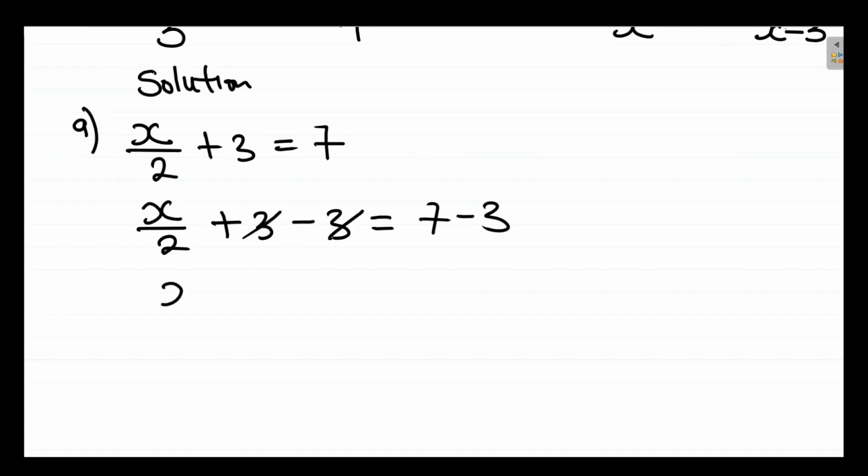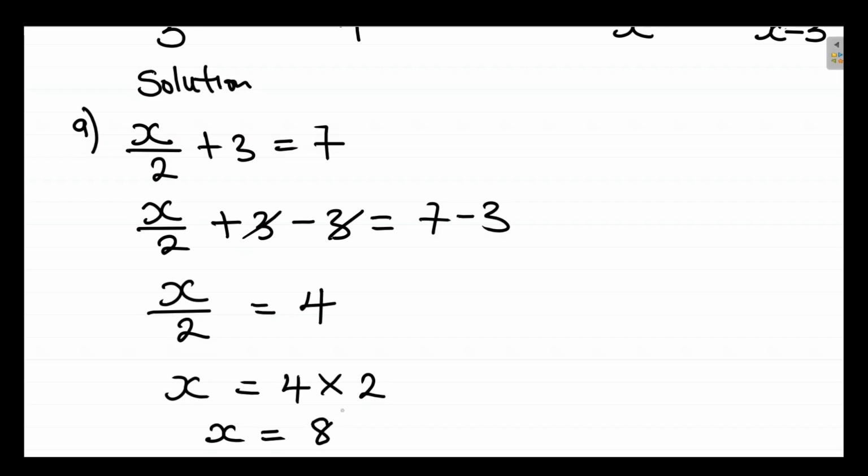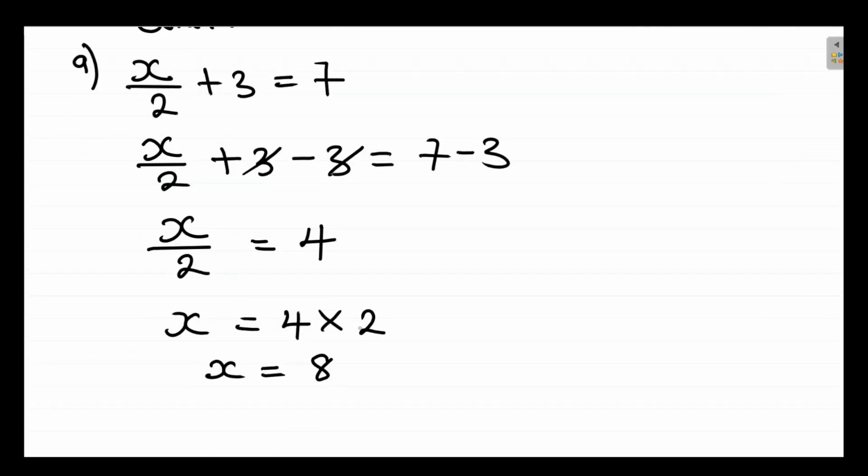So we have that x divided by 2 is equal to 7 minus 3, which is 4. So from here, we can cross multiply or multiply both sides of the equation by 2. So we can have that x is equal to 4 times 2. So x is equal to 8. So therefore, the value of x is equal to 8.